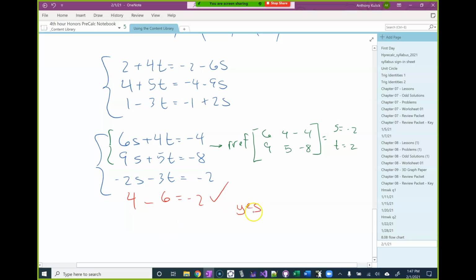So yes, they intersect. Now to find that point of intersection, we can choose either to use the S or the T, it doesn't matter.